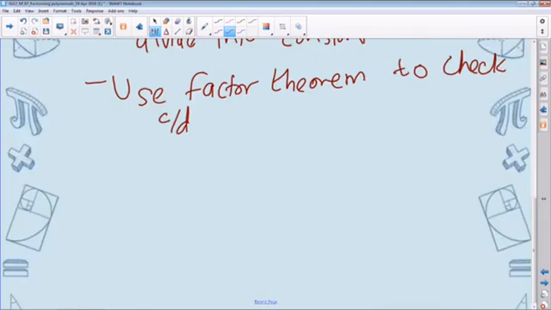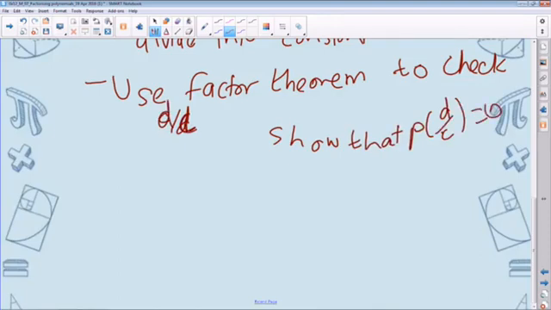And we show that P of D over C is equal to 0. So all of this is just theory. When we do the actual working out, it will make more sense. And then you apply your standard methods for factorization at the end.